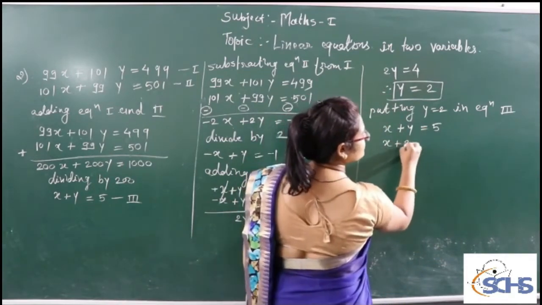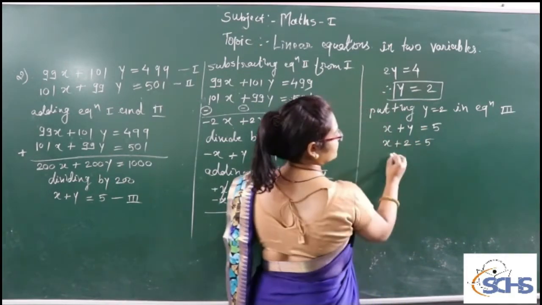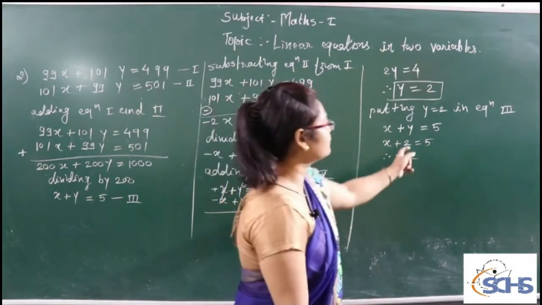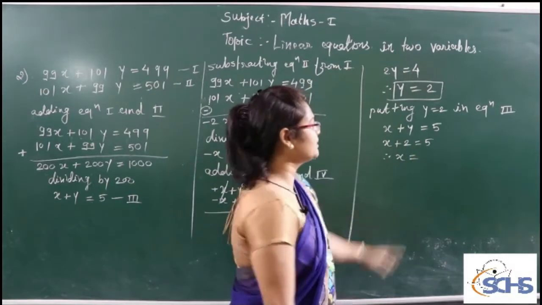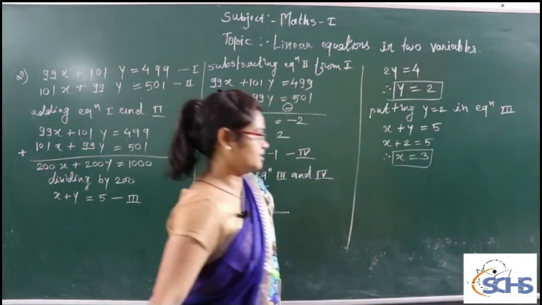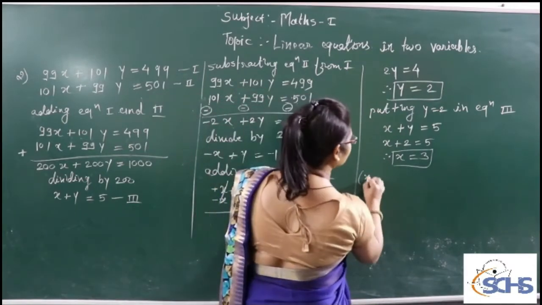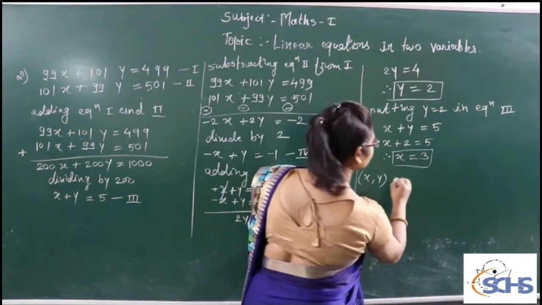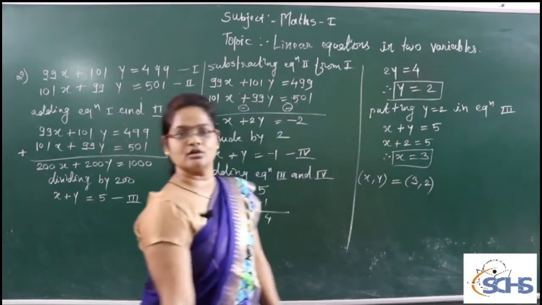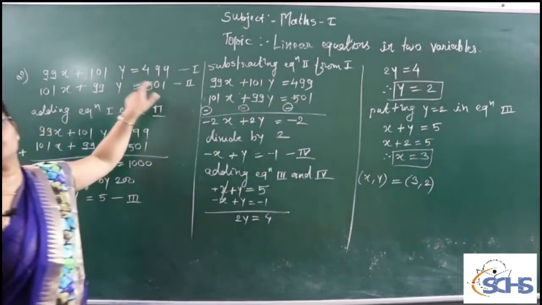So x plus 2 equals to 5. Therefore we get x equals to 5 minus 2. So we get the final answer, x is equals to 3. Therefore we can say that x comma y is equals to 3 comma 2 is the solution of these two simultaneous equations.